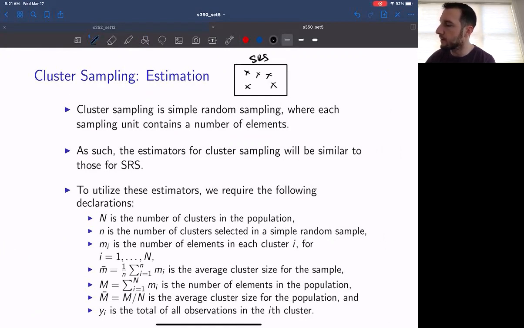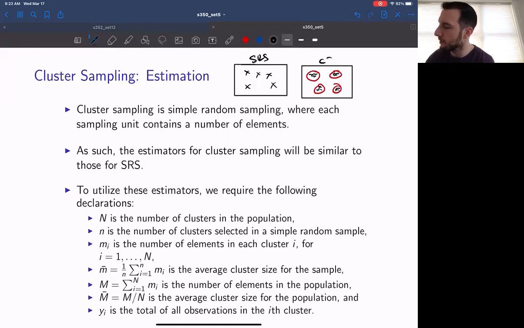But then if we consider a cluster sample, we're basically just selecting regions instead, and then there's all the points within the region.